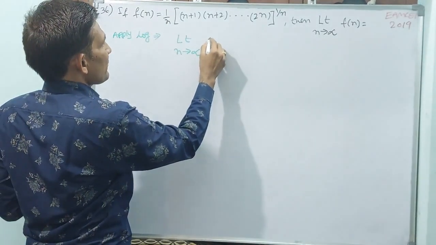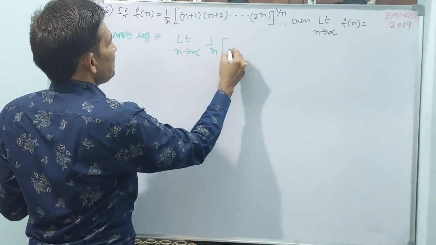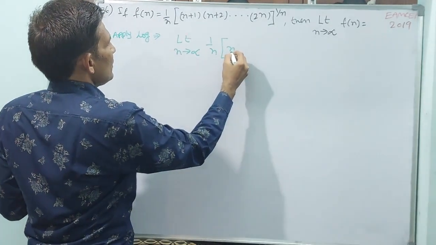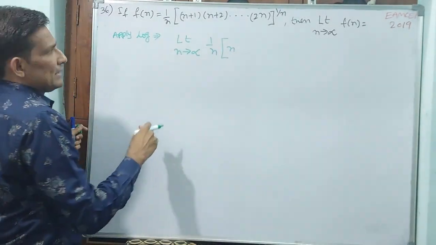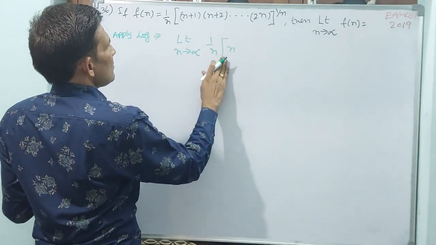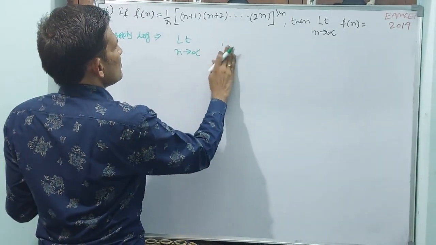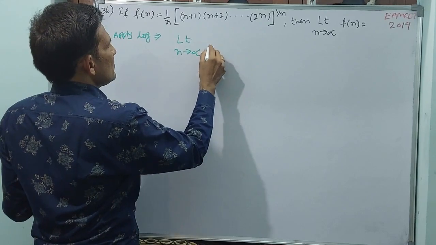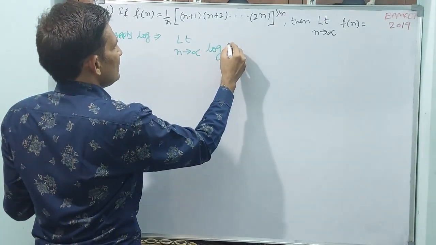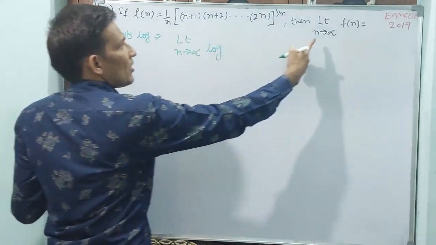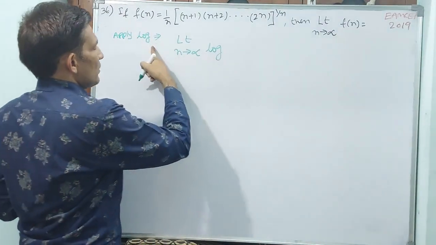You see how I am writing. 1 by n, n. See, we are applying log. Log of this.